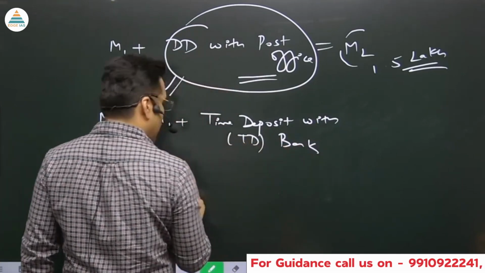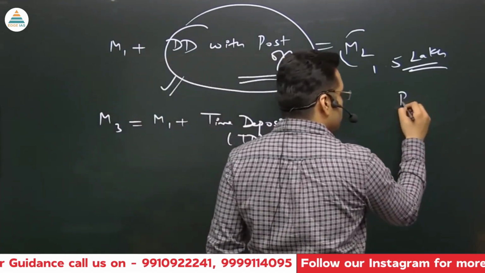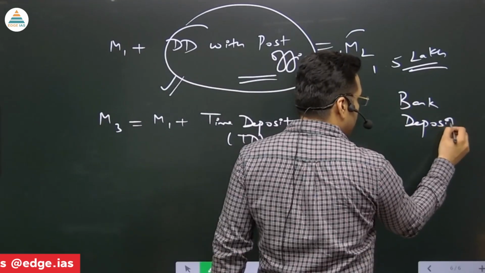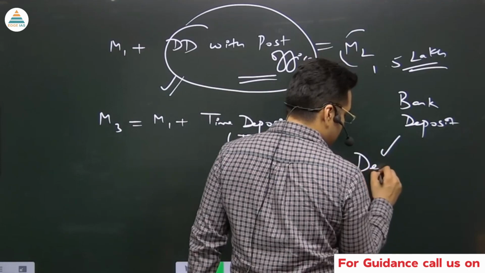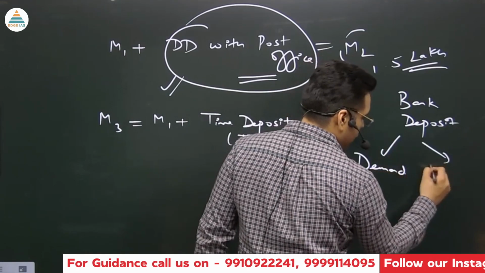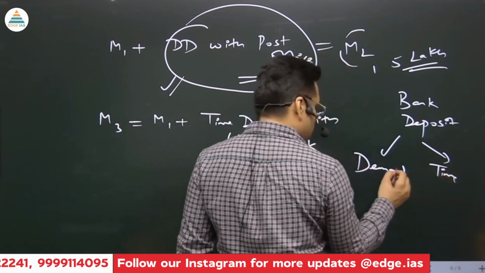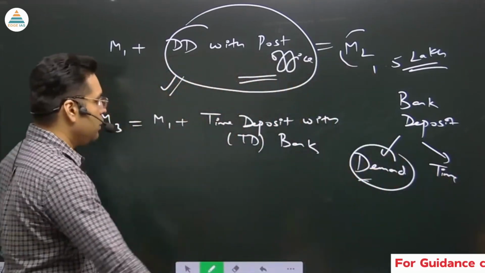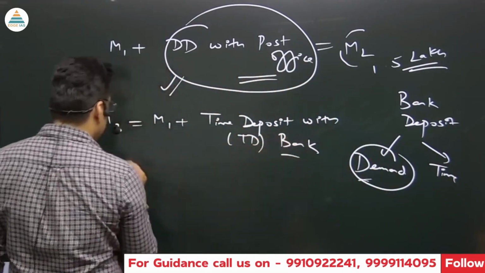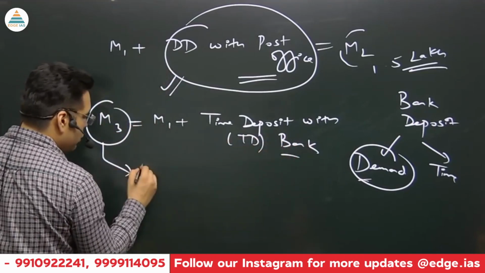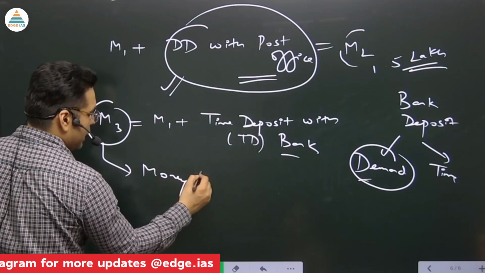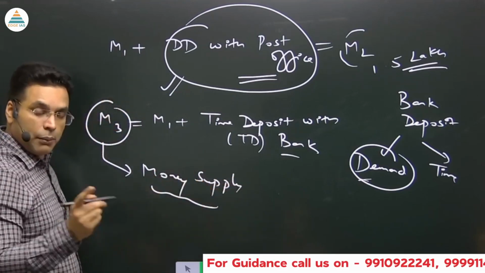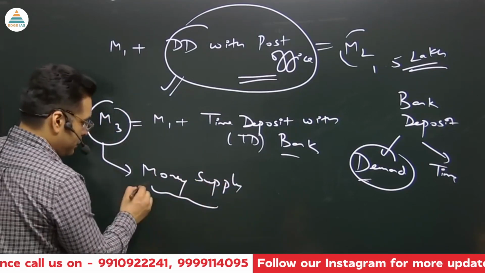Time deposit means, whatever bank deposits people have, there will be either demand or time deposits. In M1, demand deposit was considered. Now this will be time deposit with banks. So M3 is actually called money supply. Isi ko hum money supply kehte hain. Because M3 is telling us about the money supply.